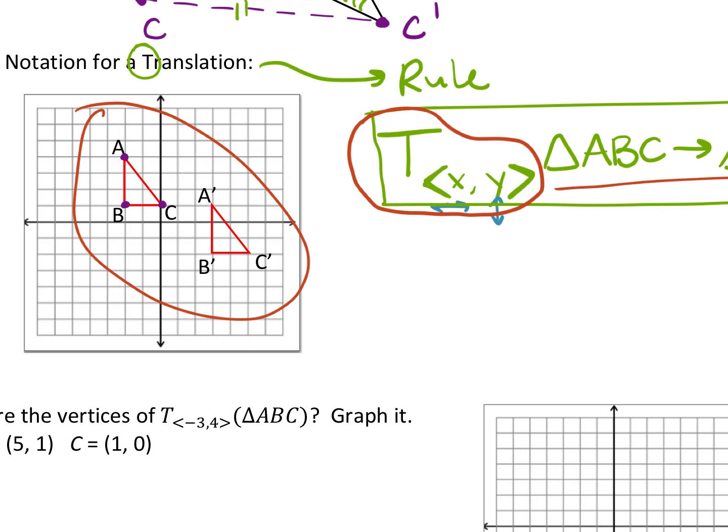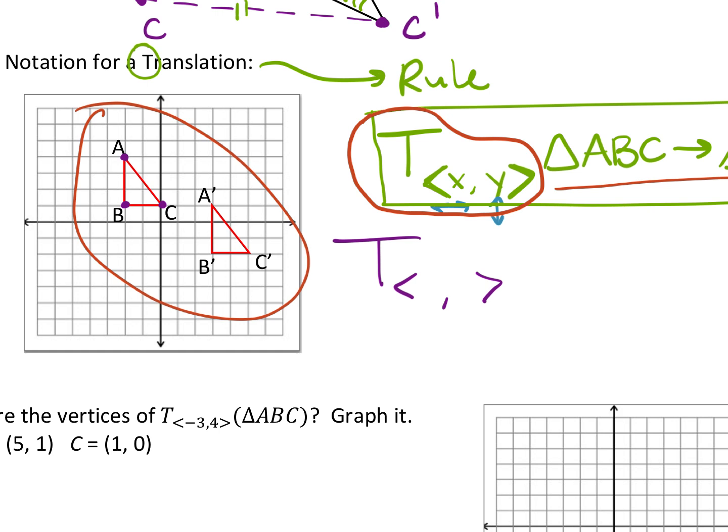I start with a T, and then I have to say how far did I slide. This part's up to you. You can pick any point you want. You just have to make sure you move to the corresponding point, right? So if I want to start at C, that's fine, but I need to count how far I have to move to get to where then?